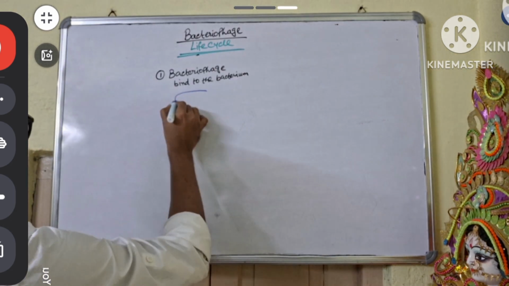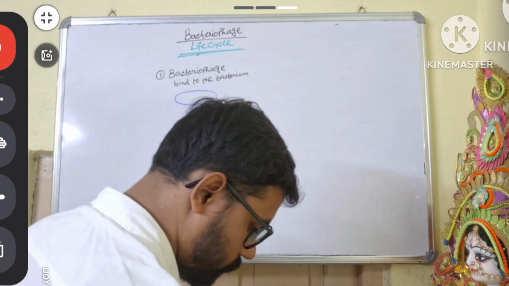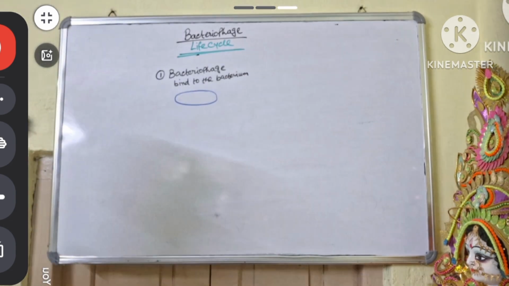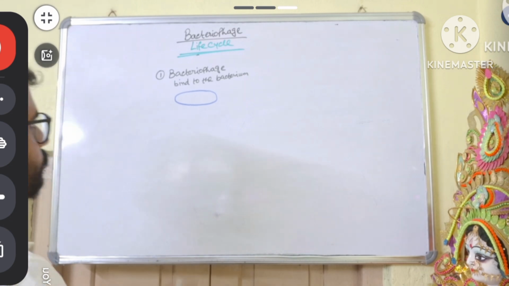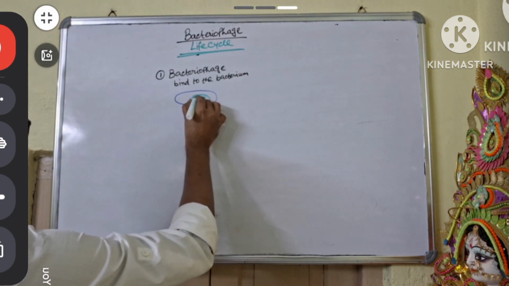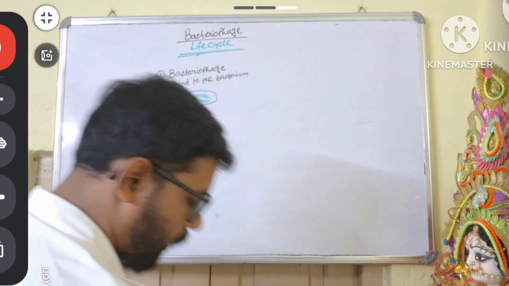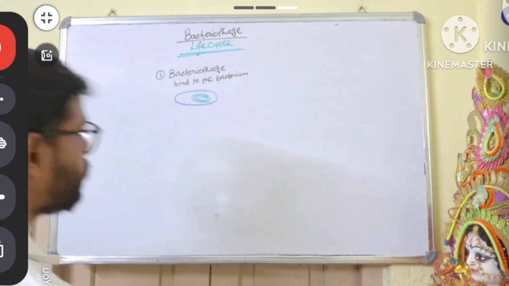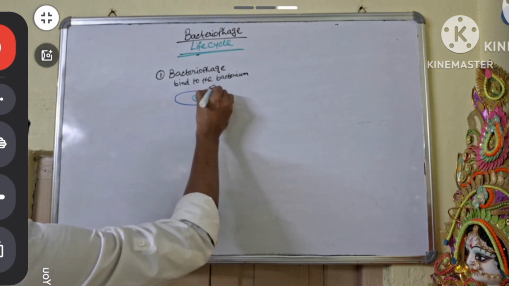This is a bacterial cell, and the bacterial cell contains the bacterial own DNA, and outside of the bacterial cell, a phage is getting attached.